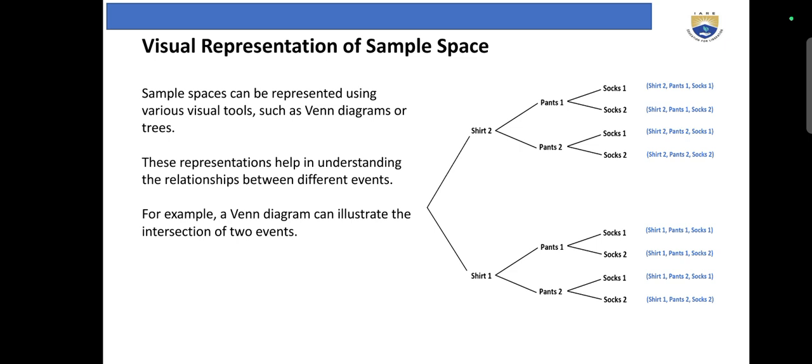These figures and representations help in understanding the relationship between different events. For example, a Venn diagram can illustrate the intersection of two events. Sample spaces can be represented using various visual tools such as Venn diagrams and tree diagrams.